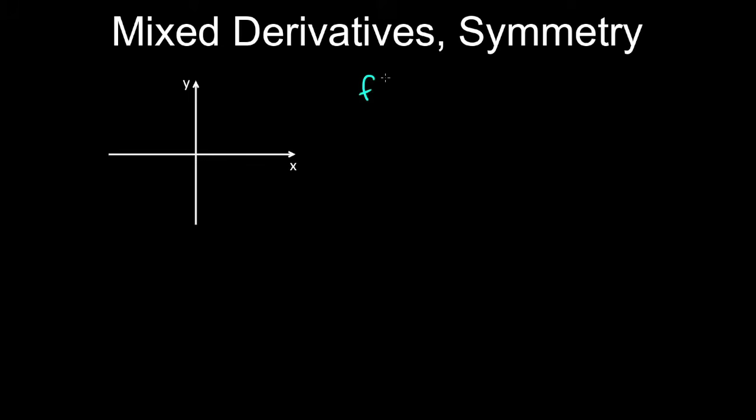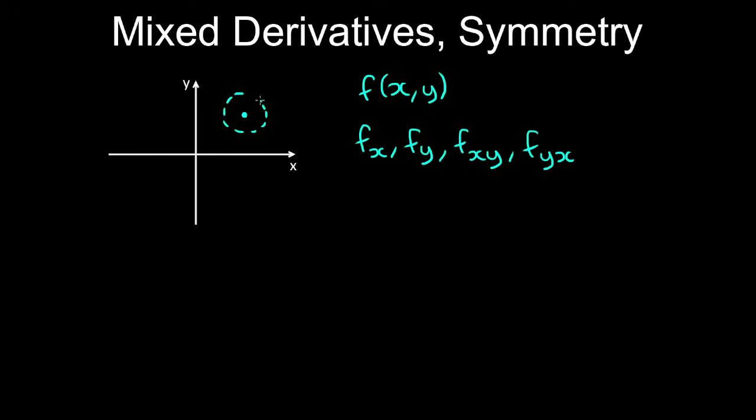If a function of two variables and its partial derivatives with respect to x and y, and also the mixed derivatives with respect to x and y and x, are all defined in the neighbourhood of a point P, so a small open region surrounding this point.